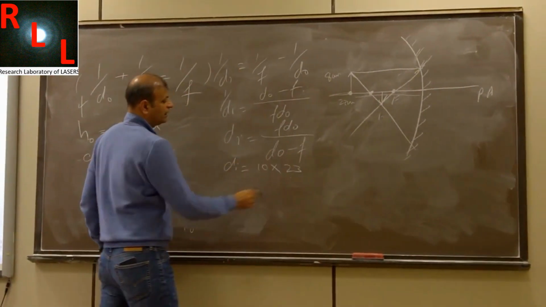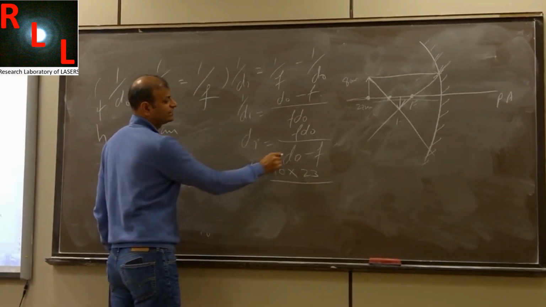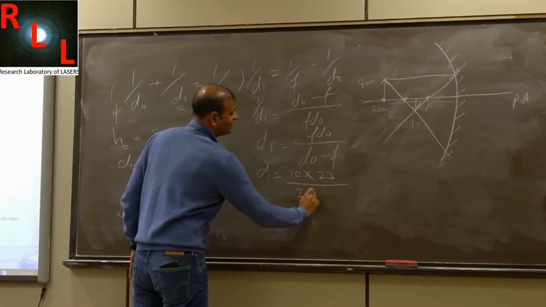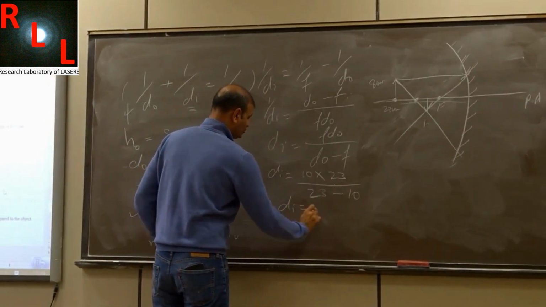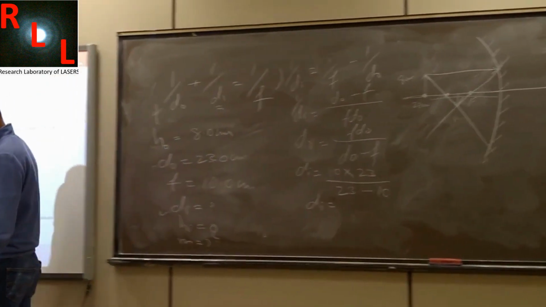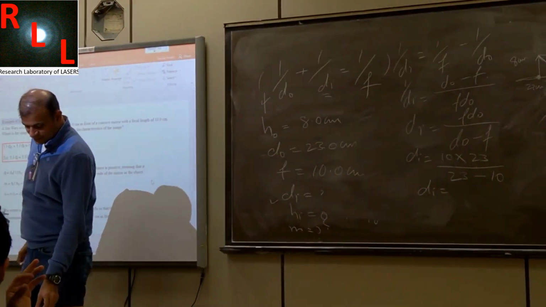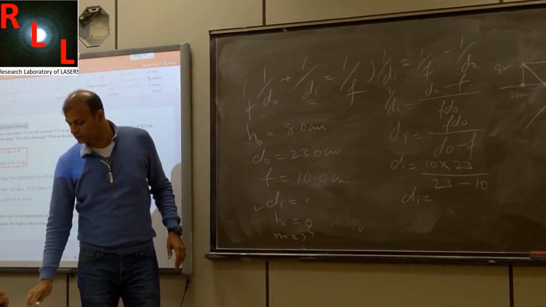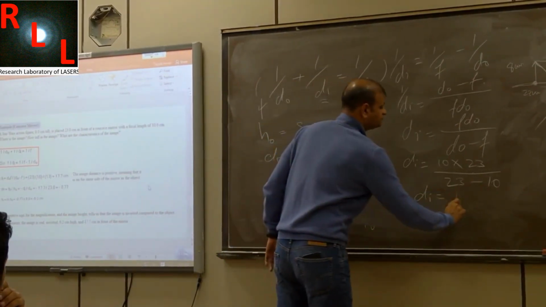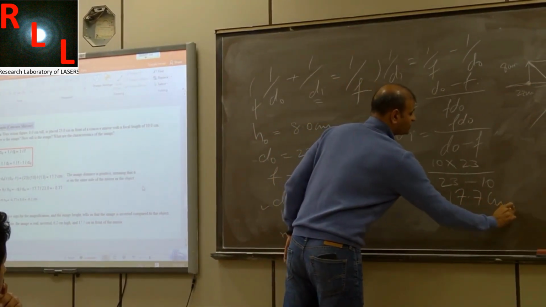So d naught is 23, and minus 10. So what value is coming? It's coming 30. You can calculate using the calculator. It's 17.7 centimeter.